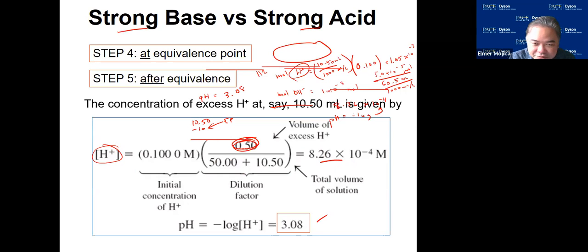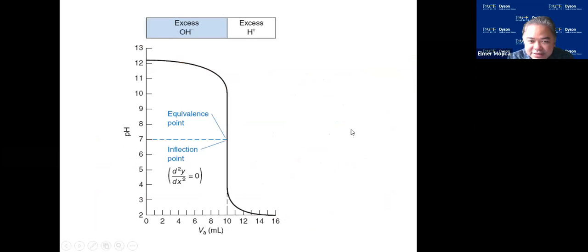And if you're going to plot it, this is how it looks like.